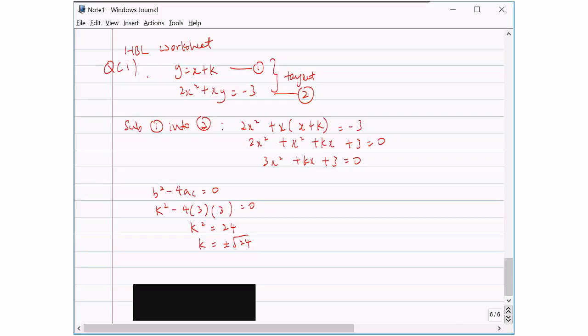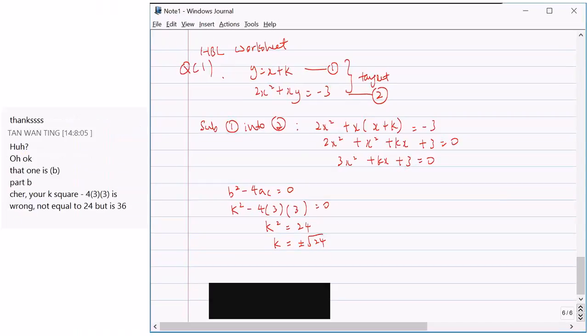How about C? Wait, my k squared minus 4AC is wrong. Not equals to 24. Which one? One thing, which one? Oh, wait. 4AC. 9 times 4 is 36.